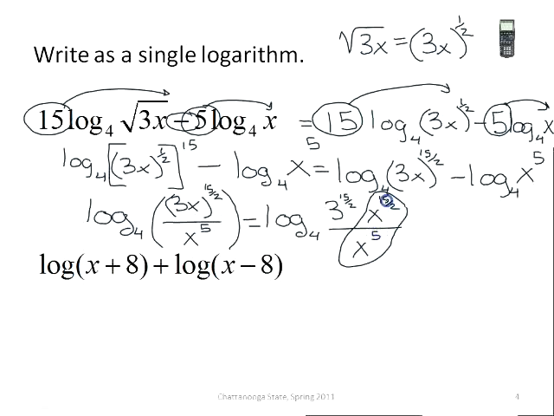Now what happens here is because these have the same base, I can subtract my exponents. So the 3 to the 15/2 power would stay the same. But 15/2 minus 5 is the same as 15/2 minus 10/2. So this now becomes x to the 5/2 power.